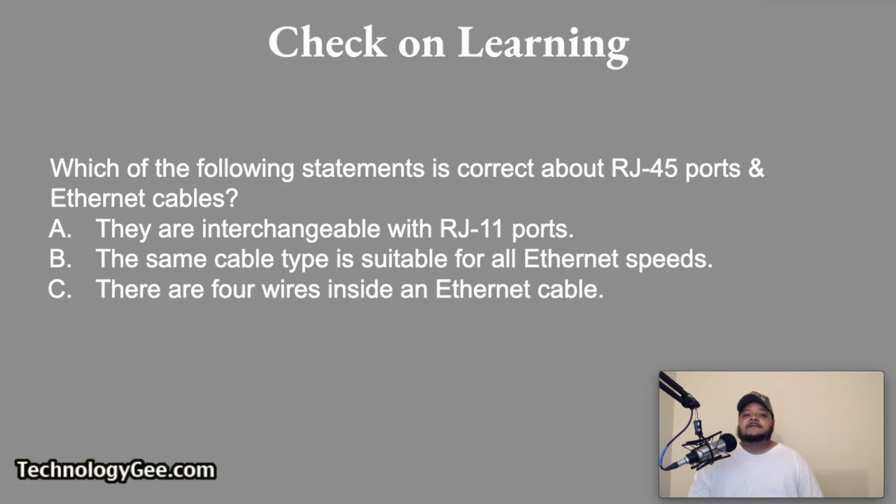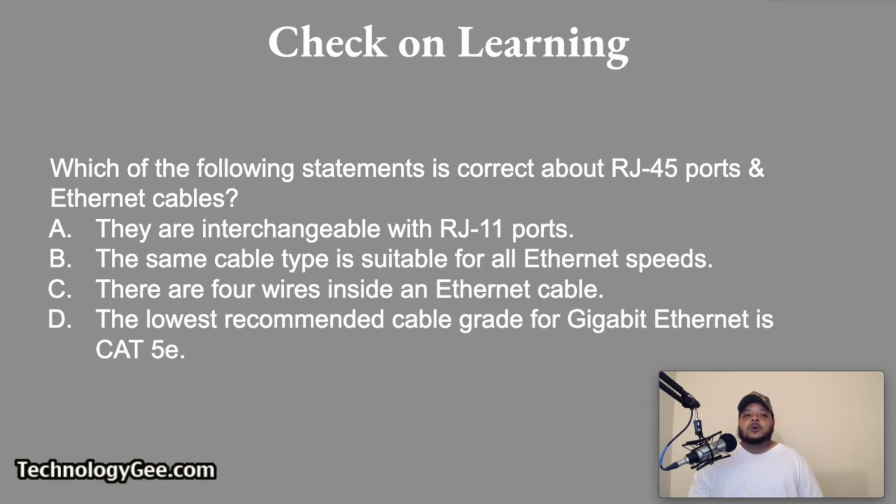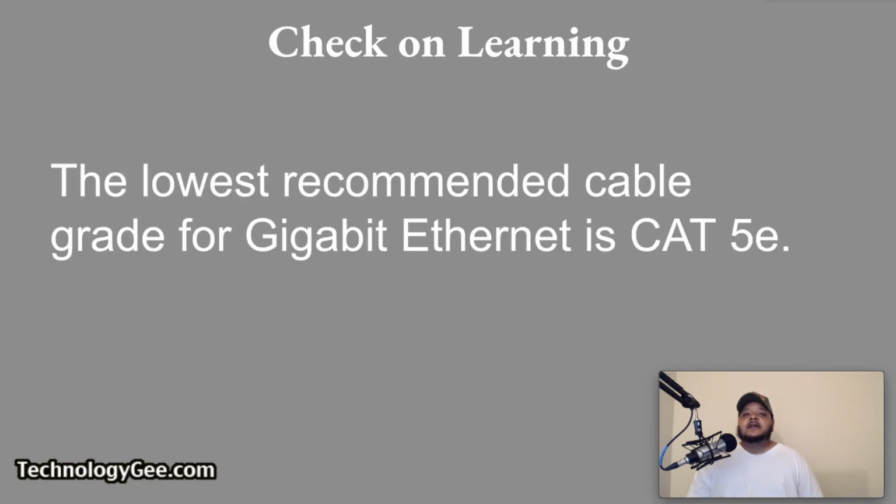Would it be there are 4 wires inside of an Ethernet cable? Or would it be the lowest recommended cable grade for gigabit Ethernet is Cat5e? So which of the following statements is correct about RJ45 ports and Ethernet cables? The correct answer would be the lowest recommended cable grade for gigabit Ethernet is Cat5e.